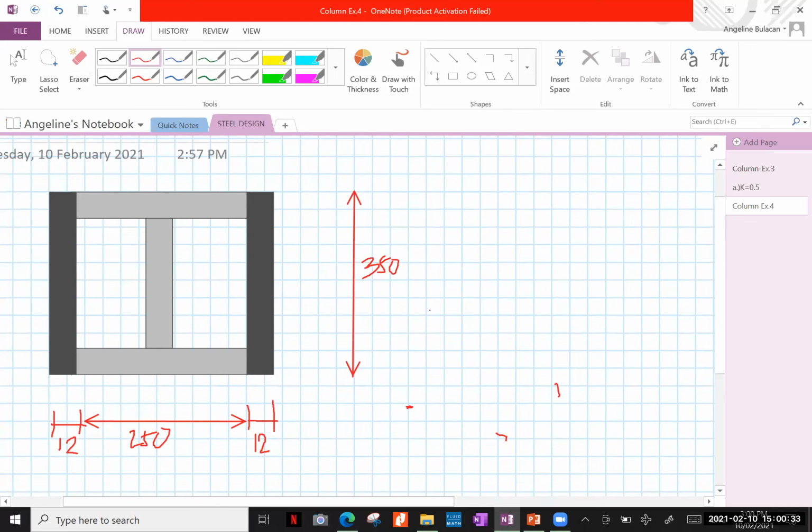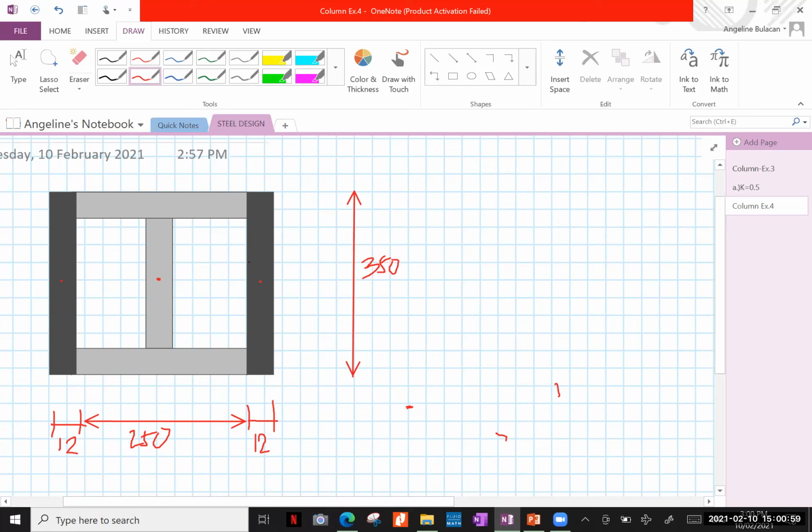So, ano yung gagawin natin? First, drawing nyo muna yung centroid ng mga members. So, kung i-drawing natin yung centroid ng members, di ba, saan sila? Ito yung isa sa W. Ito yung centroid niya. Ito naman, ito yung centroid. And then, this is the centroid.